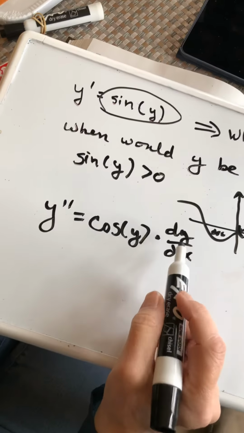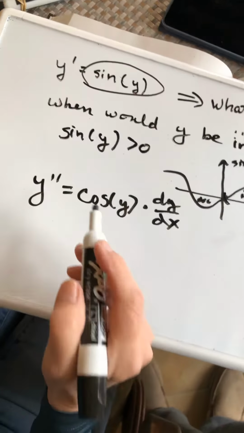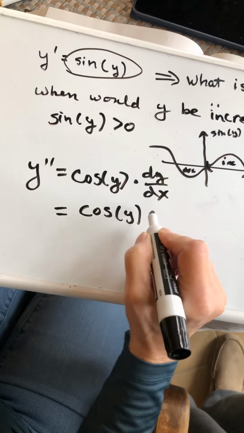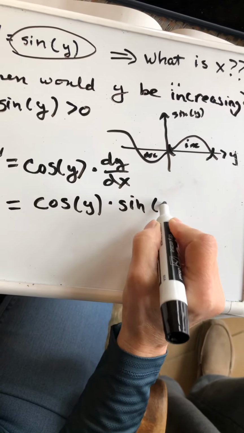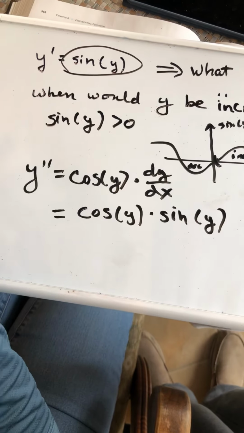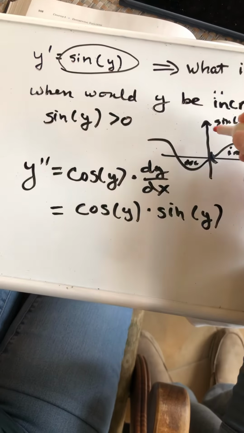And I know what dy dx, y prime, is: it's the sine of y. So this is going to be cosine y times sine y.